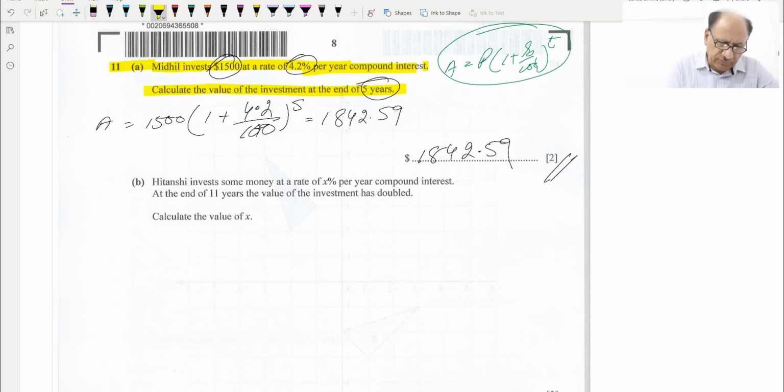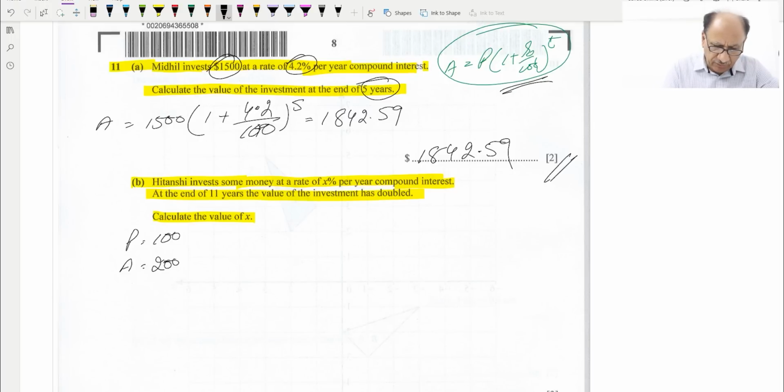Now part B says Hitnashi invests some money at the rate of X% per year compound interest, and at the end of 11 years the value of the investment has doubled. Calculate the value of X. So we can take the principal amount as, for example, 100, so the amount will double and become 200, and again we will apply the same formula.